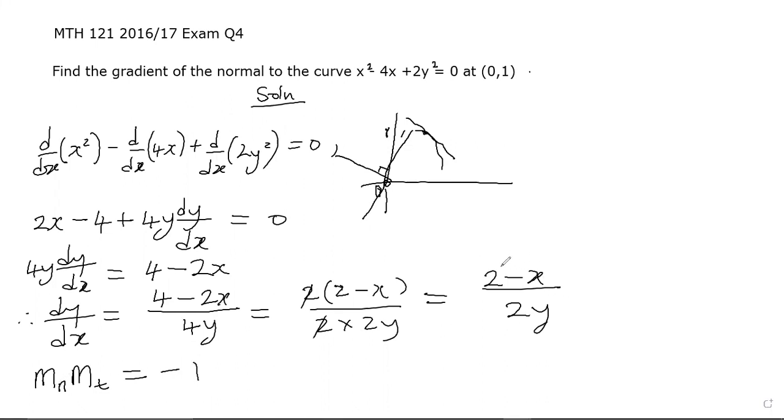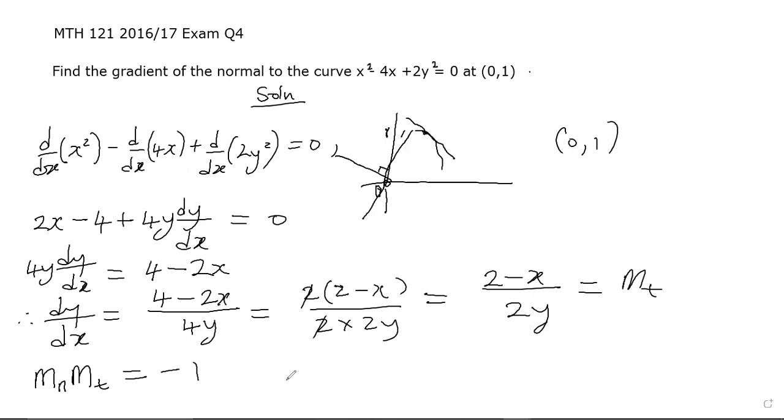So now, this is our expression that represents the gradient of the tangent. They said at the point (0, 1), where 0 stands for x and 1 stands for y.